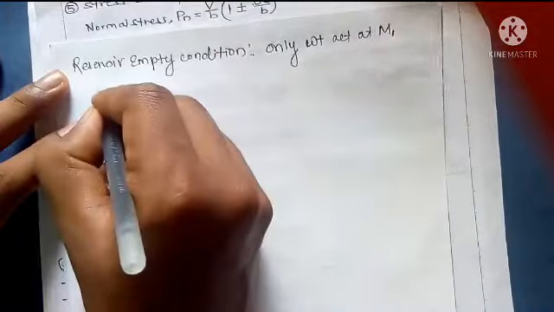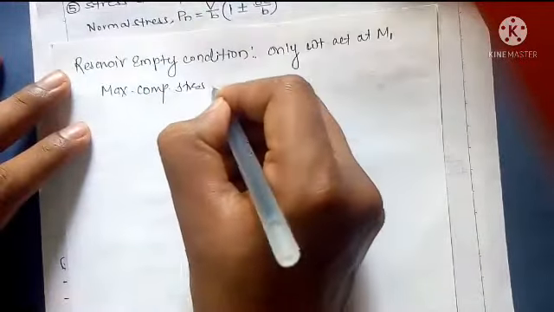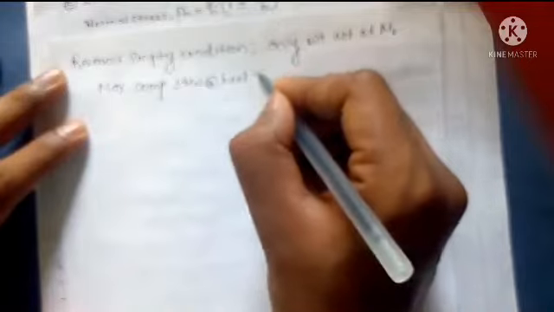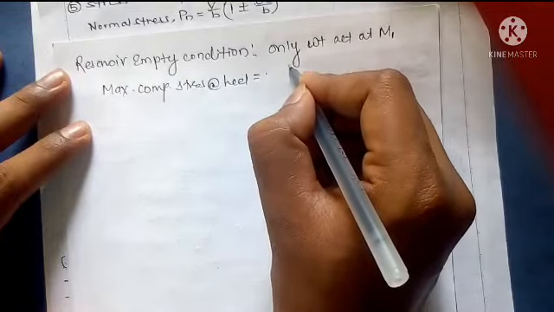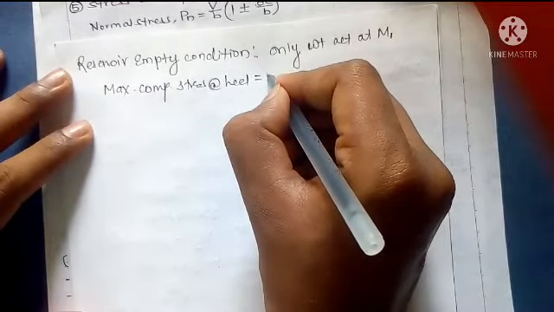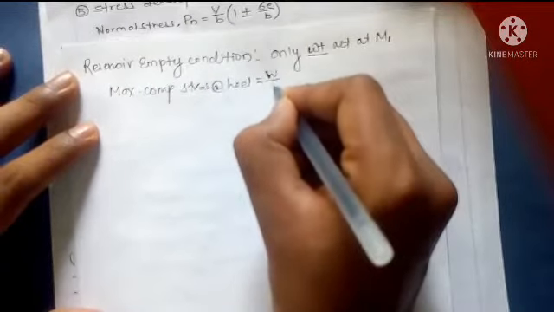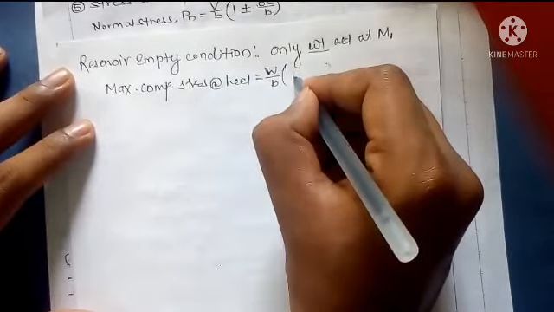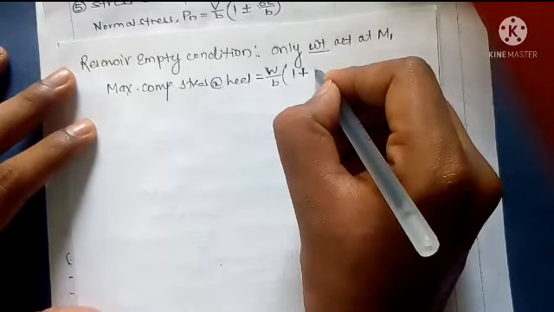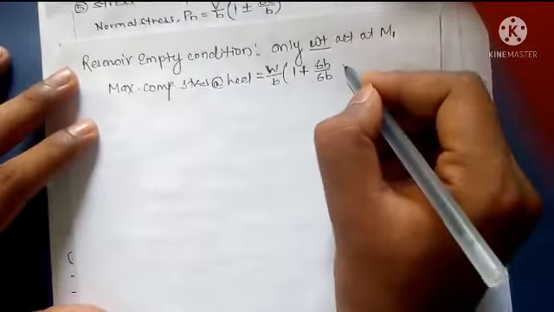So the maximum compressive stress at the heel is equal to, we know the formula, V upon B into bracket 1 plus 6e upon B. In place of V we put only the weight, W upon B into bracket 1 plus 6e upon B. In place of e we put e is equal to B by 6.